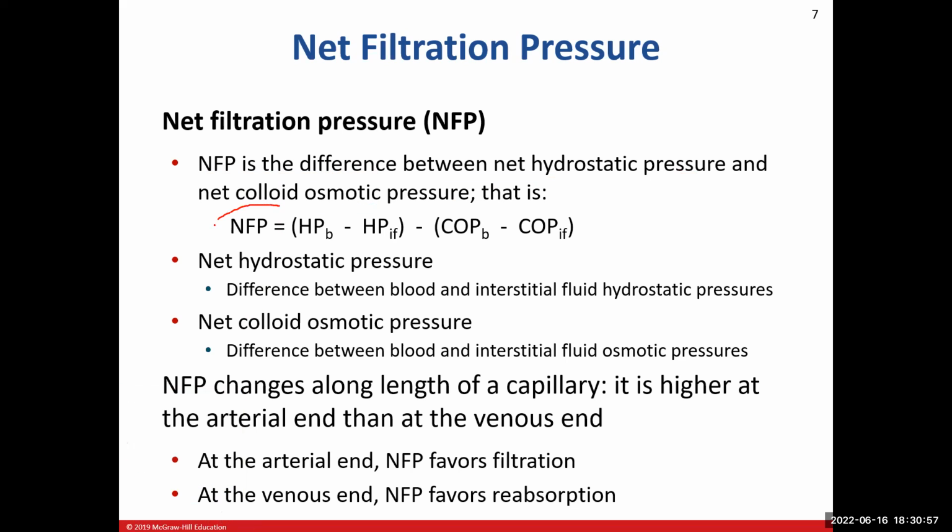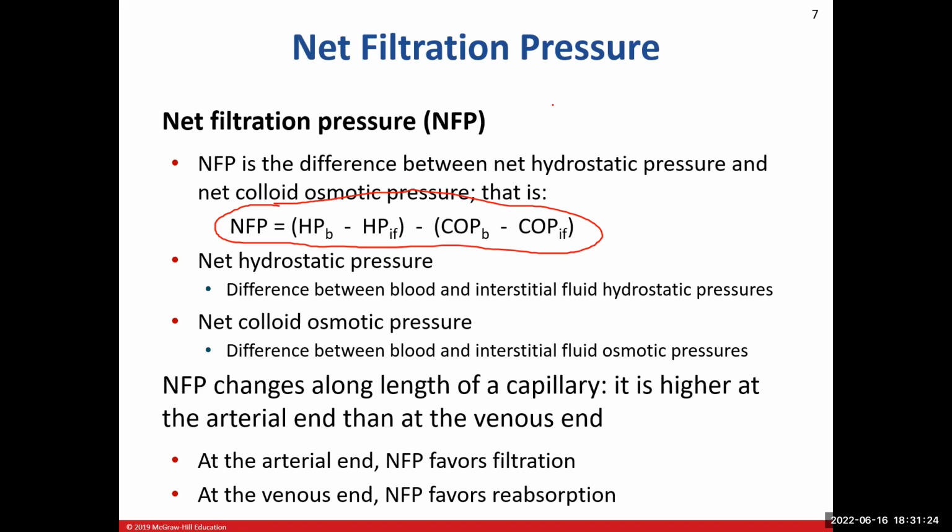So NFP, net filtration pressure, is going to be the difference between the hydrostatic pressure in your blood and the hydrostatic pressure in the interstitial fluid. And then we're going to subtract from whatever that value is the difference of your colloid osmotic pressure in the blood and the colloid osmotic pressure in the interstitial fluid.